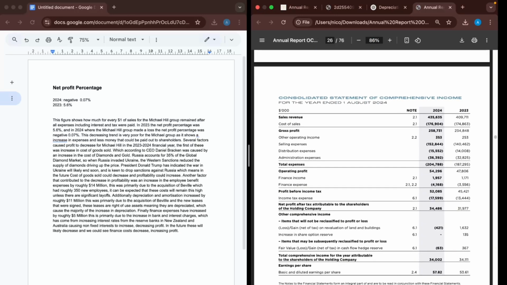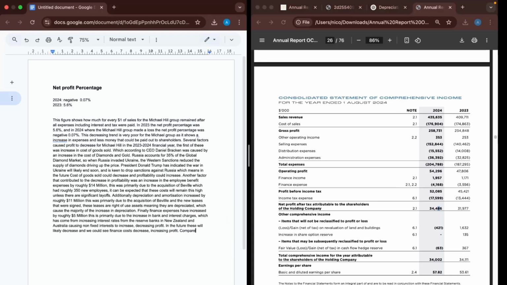So over here, the net profit was 34,486,000. So what we'll do is we'll put that in our calculator, 34,486 divided by their sales revenue, which was 435,635, and that was 0.079, so 7.9%.